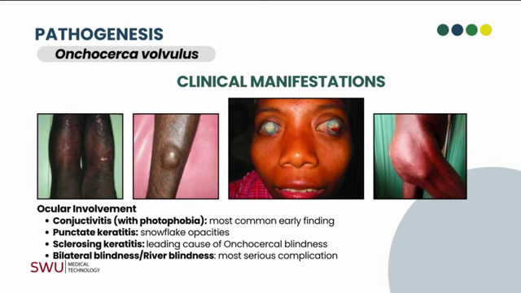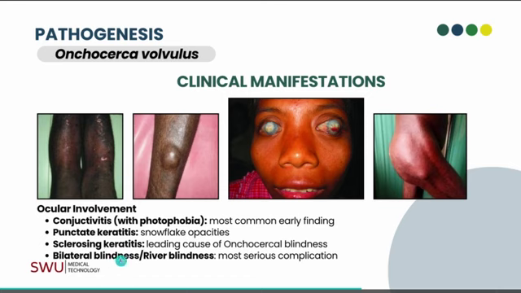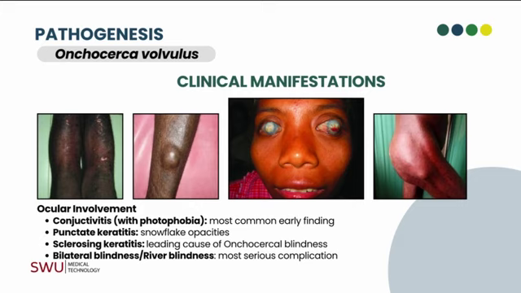And secondary glaucoma, which is caused by the increase in ocular pressure that leads to the damage of the optic nerve of the eye. So those are the other clinical manifestations, although conjunctivitis, punctate keratitis, sclerosing keratitis, and bilateral blindness are the ones associated with the presence of Onchocerca volvulus in the eyes.